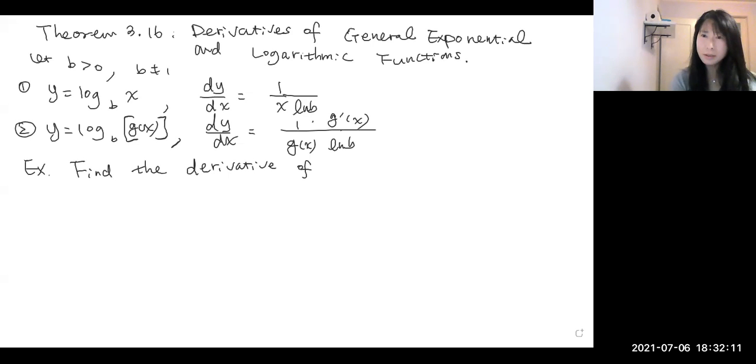This is the formula. Okay. So if we have any base with this form, then we do that, ln b.